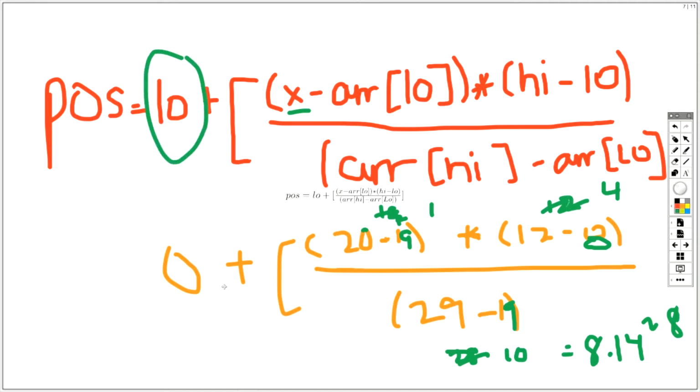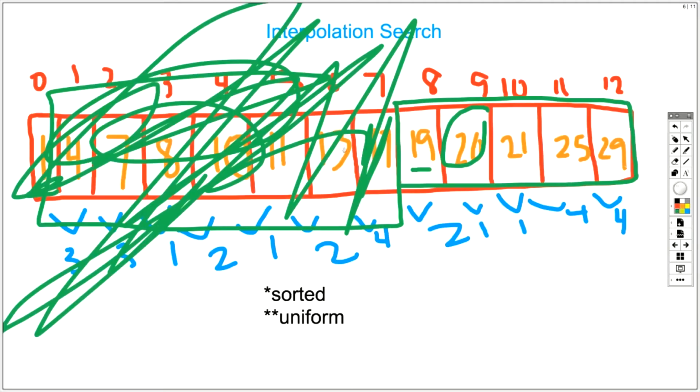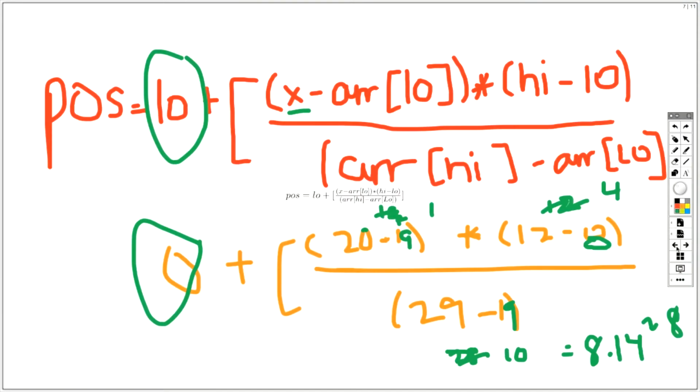Now this is where I was mentioning where our low comes in. Our lowest was 0, our 0 index, but now our lowest is 8. So we can add 8. First we'll do this math and then add later on.